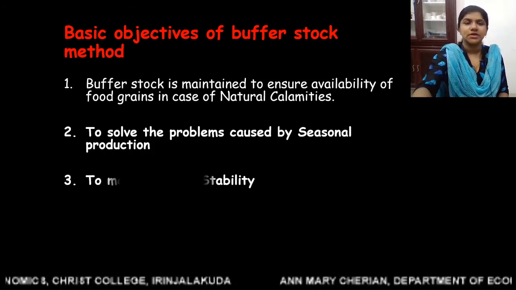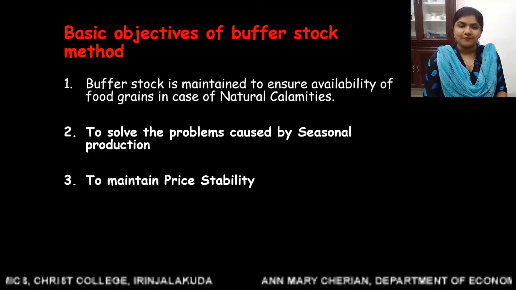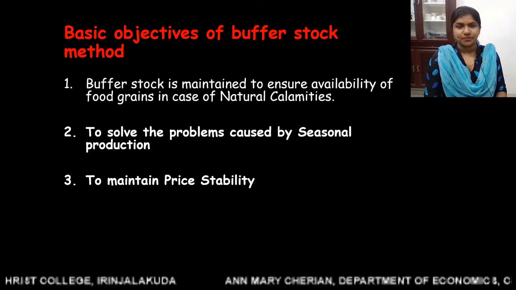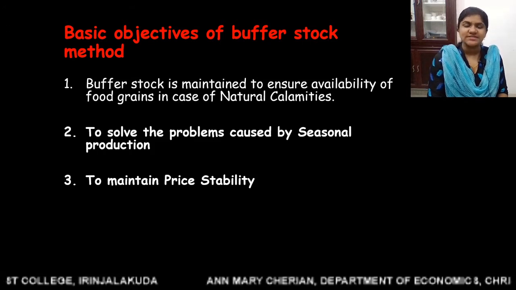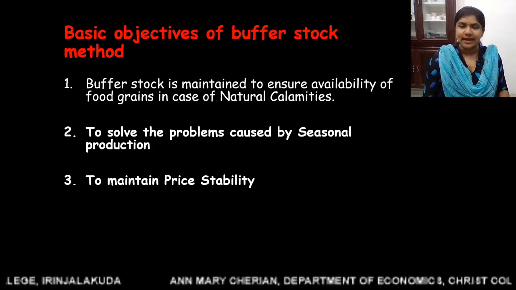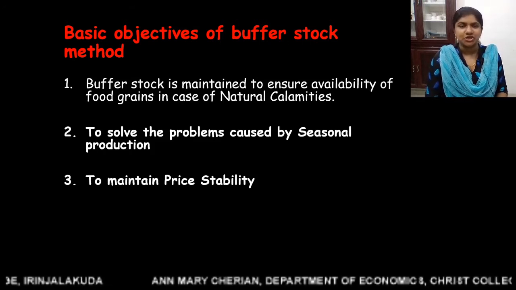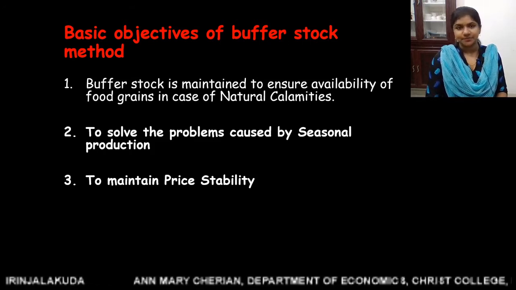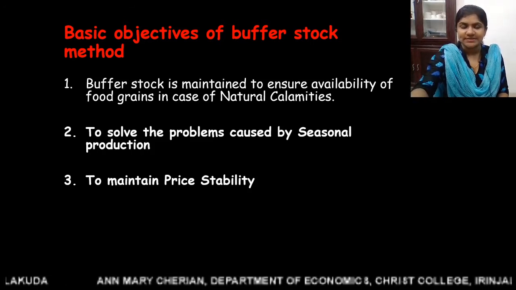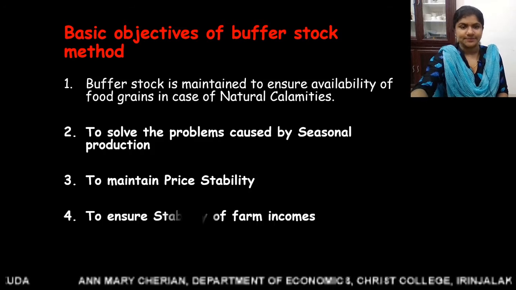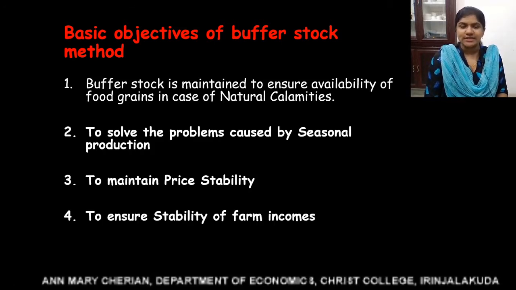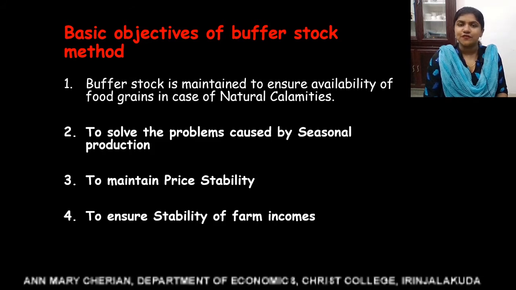Another important objective of buffer stock is to maintain price stability. So in case of good harvest as well as bad harvest, buffer stock can stabilize prices of agricultural commodity market. Yet another objective of buffer stock is to ensure stability of farm income.